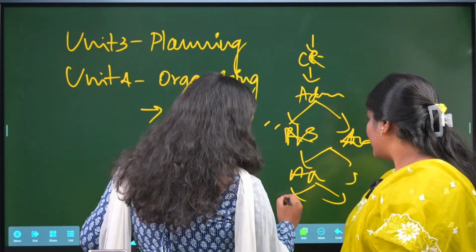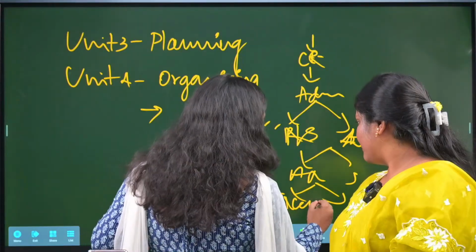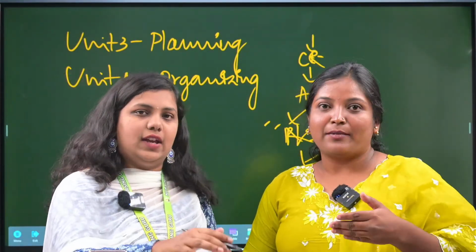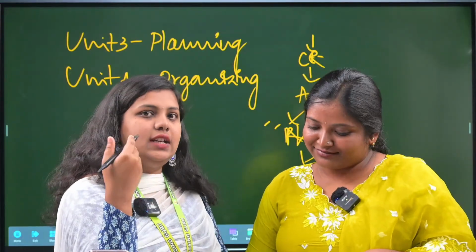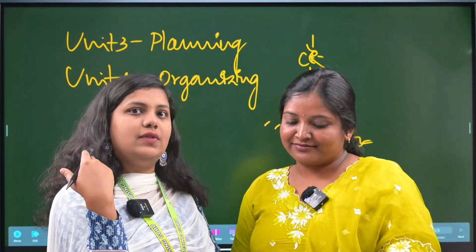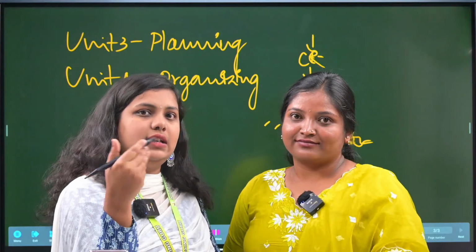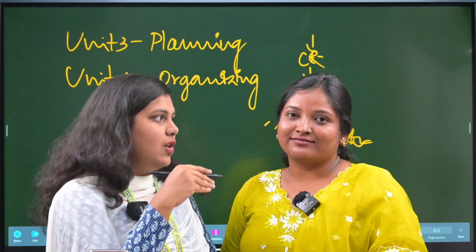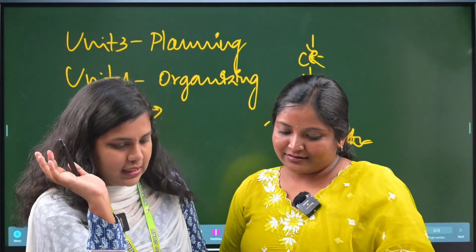Under them, the in-charge will come, the in-charges of each department will come. So everything will be in an organized manner. When we are giving nursing services, or when we are establishing a nursing institution or organization, how it will be organized, that you have to study in this unit.